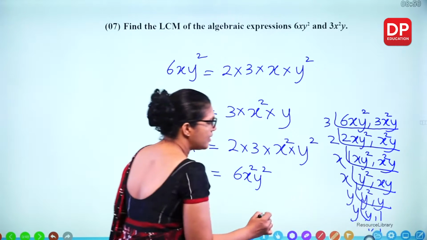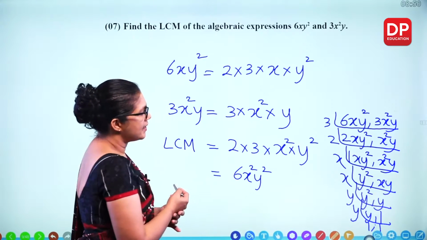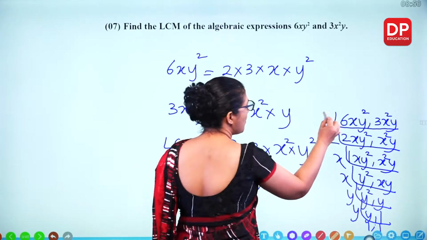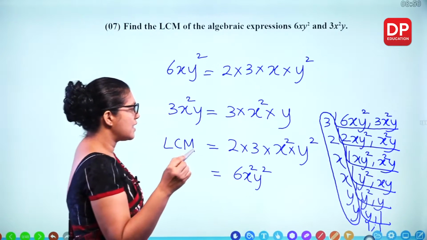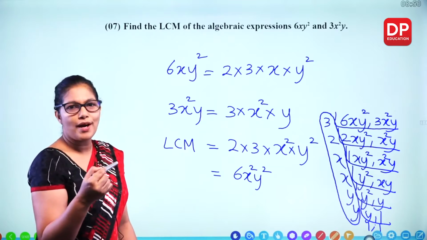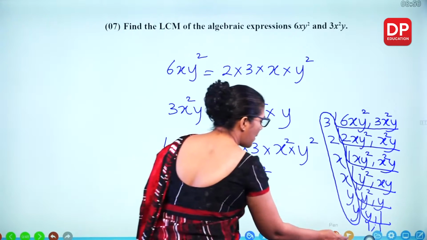Till you get 1, you can divide. So what's the lowest common multiple? You take the multiplication of all these. 3 times 2, 6, x squared, y squared. So that's the lowest common multiple.